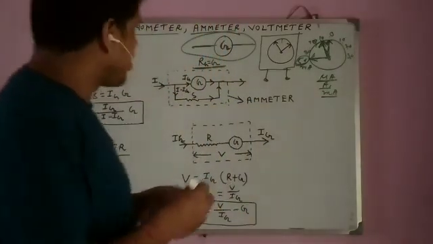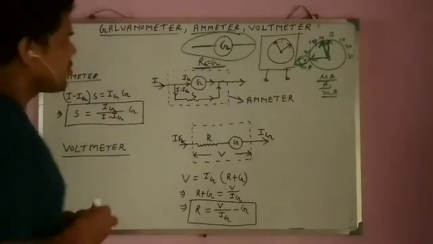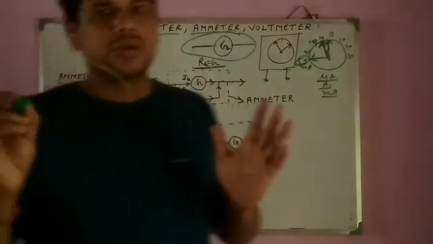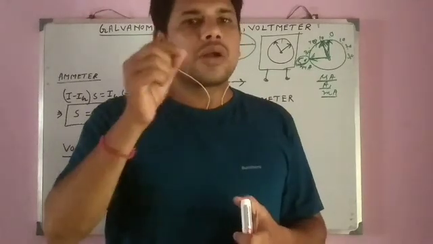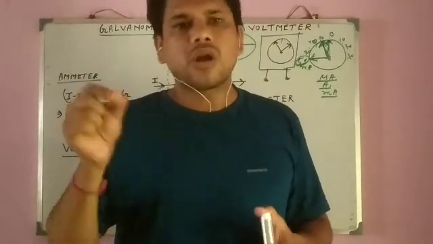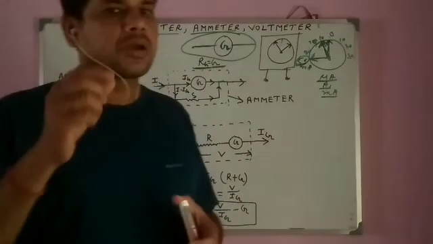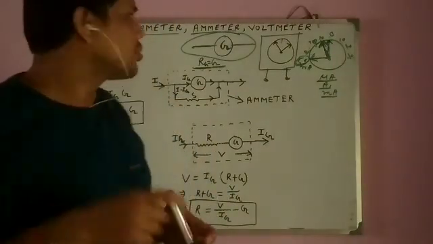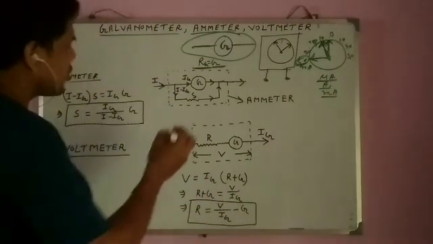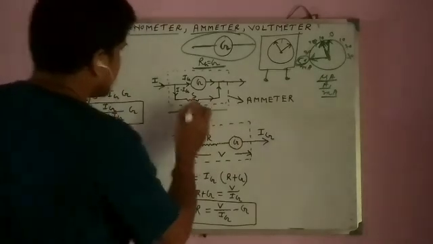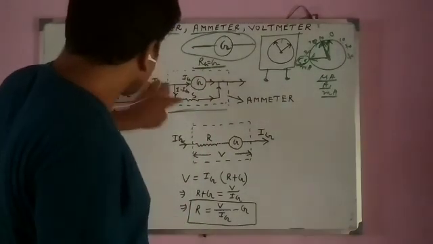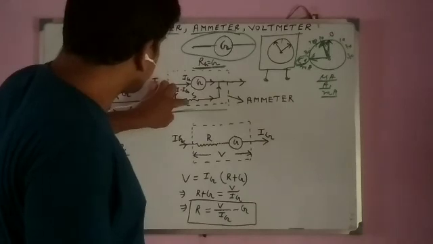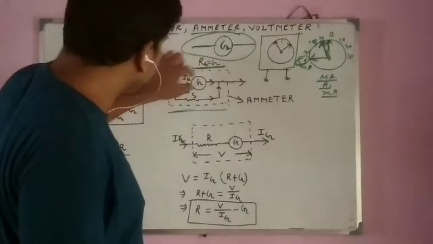Now, an ammeter basically consists of one galvanometer and one very small resistance connected in parallel to the galvanometer. It is shown in this figure. This is the galvanometer, and one resistance is connected in parallel to the two ends of the galvanometer.